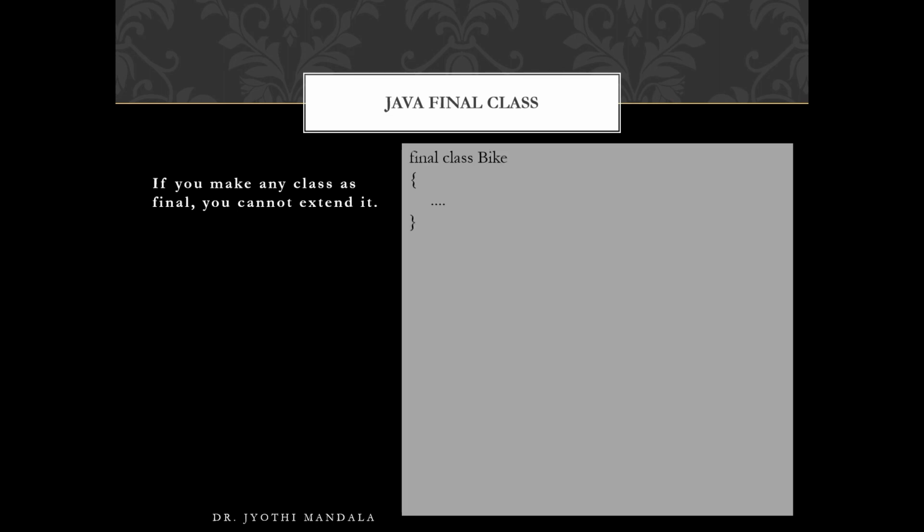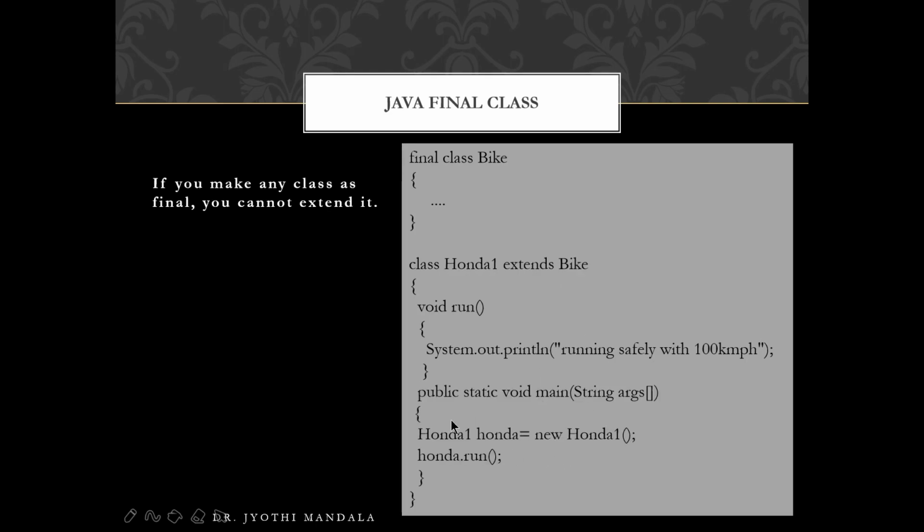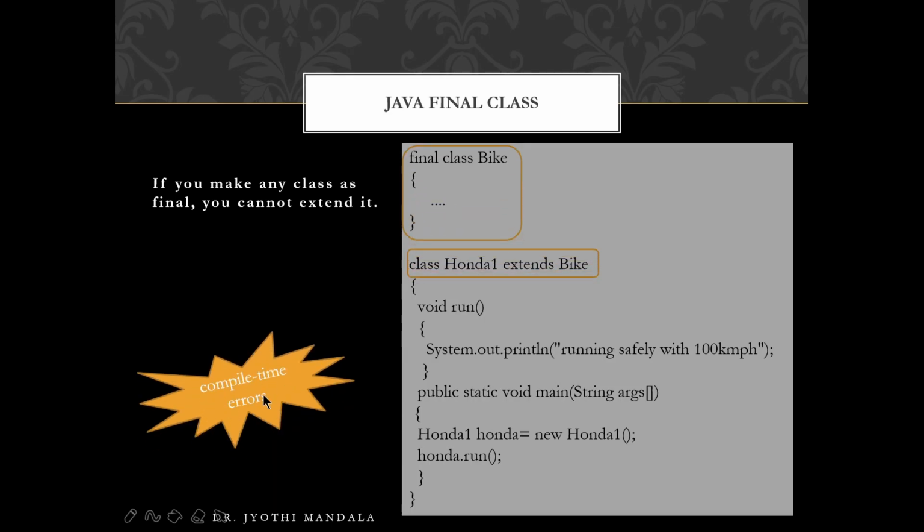Let us take one class called Bike, and I have made this class final. That means the properties available here cannot be used by another class. Any other class can't extend this Bike. Let us take Honda. If it is trying to extend this Bike, you will get a compile time error.